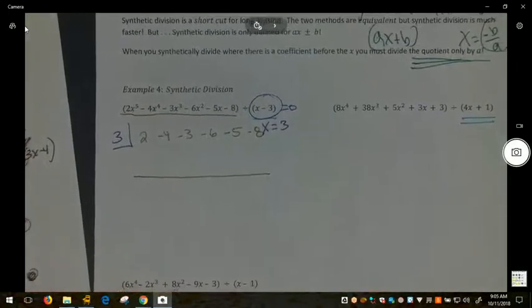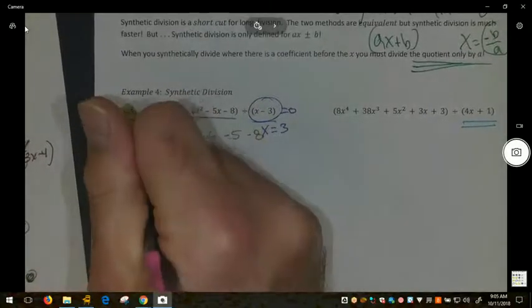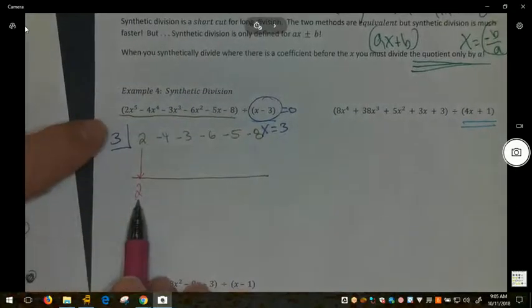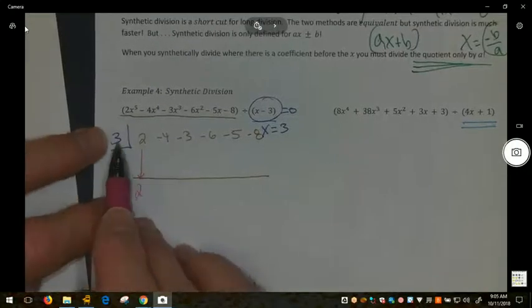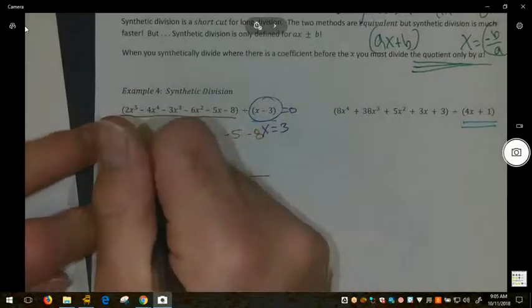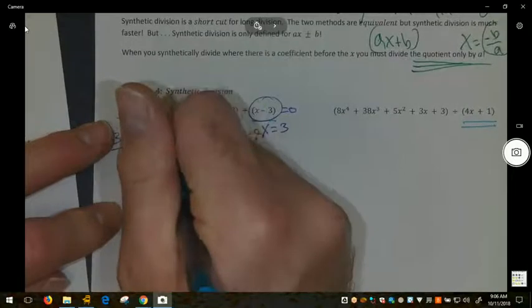For synthetic division, the very first step is to just bring down the first coefficient. Everything down here gets multiplied by the number in the box and written up here. So 3 times 2 is 6. Then I add, combining like terms vertically.